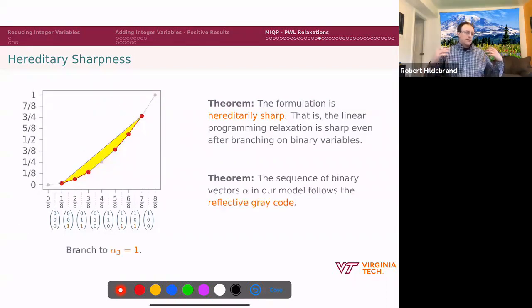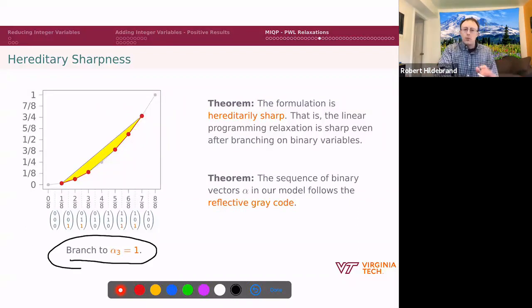Okay, so now I can think of taking this binarization, and I'm going to ask, let's branch on alpha 3 being 1. And what you see is that I get to keep a couple of these, but then I have to take away a handful of other solutions here. So the branching is really interesting because it removes sections of the domain in some non-convex way.